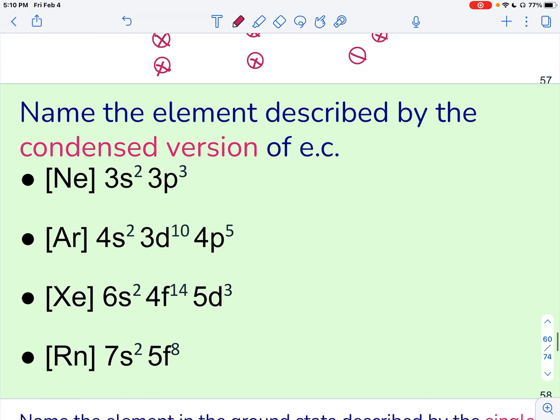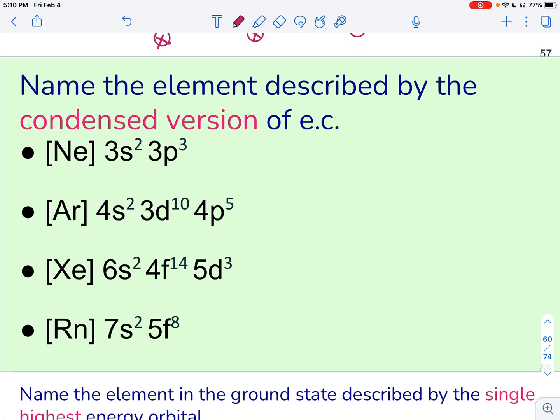So let's take a look at the types of questions that you might be asked. Here it says, name the element described by the condensed version. There are 2 ways that you can figure this out. One is to add up the electrons, just keeping in mind that this represents the noble gas electrons. So here we would have 10 plus 2 plus 3, so 15.